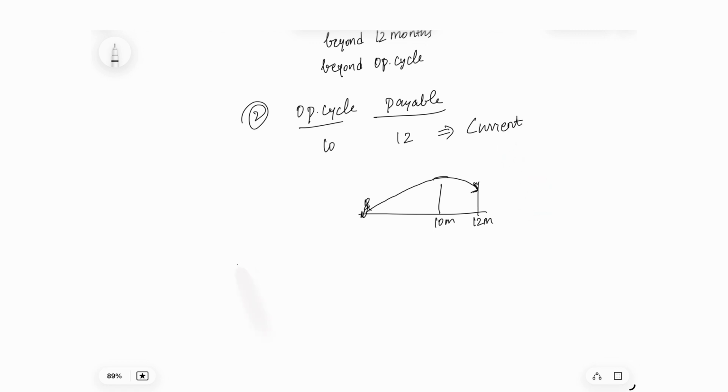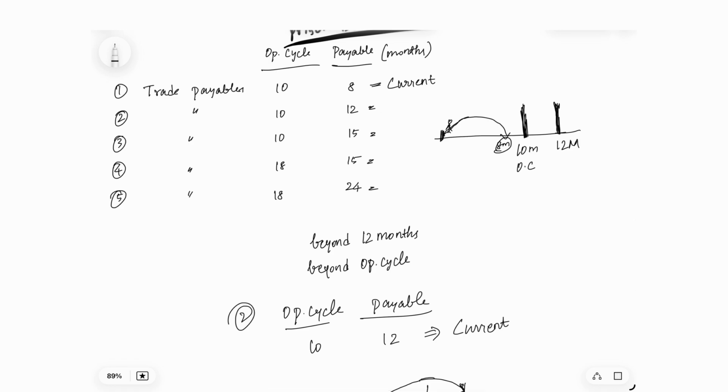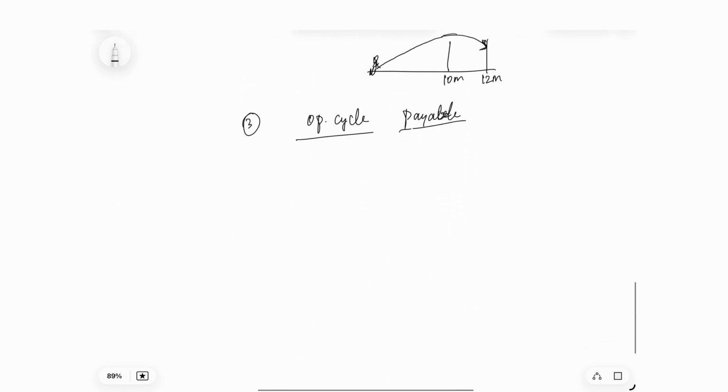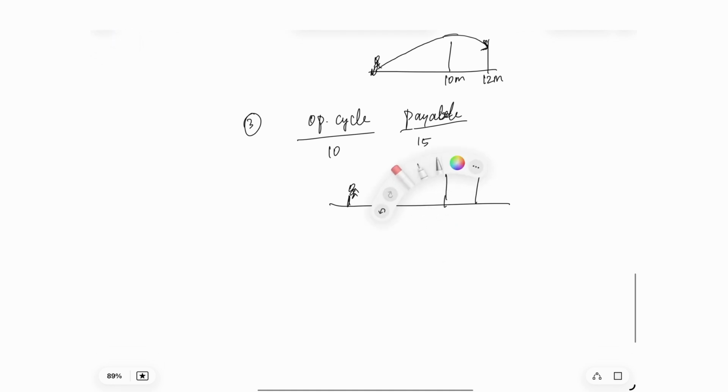Now let us talk about the third scenario. Operating cycle is 10 months and payable within 15 months. Okay, now again let us draw. I guess you get a hang of this by now. This is the operating cycle and it is 10 months. And then you have the standard 12-month condition.